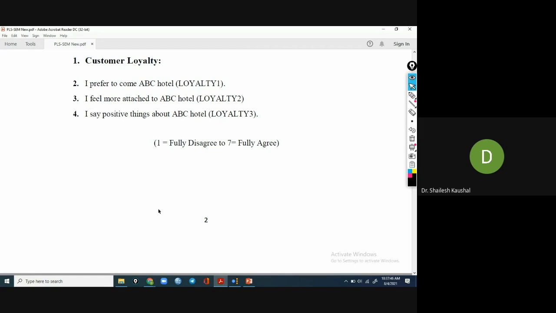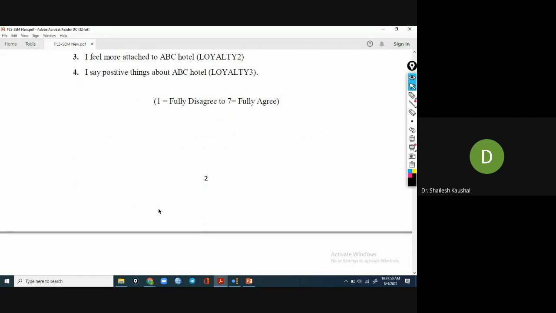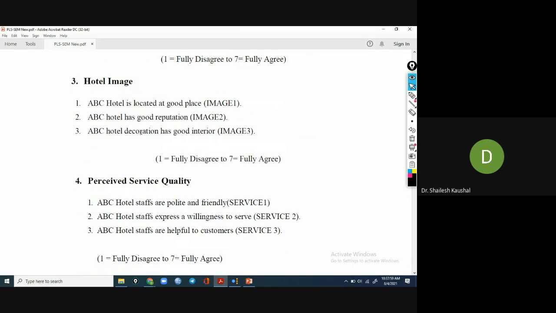These are the reflective measures. Same for customer satisfaction: I am satisfied, I recommend, I will revisit again. And there are three questions related to hotel image and three related to perceived service quality. So in total we will ask 12 questions to the persons who are visiting ABC Hotel.